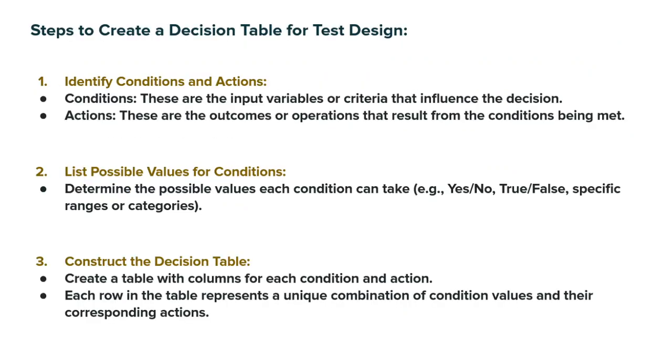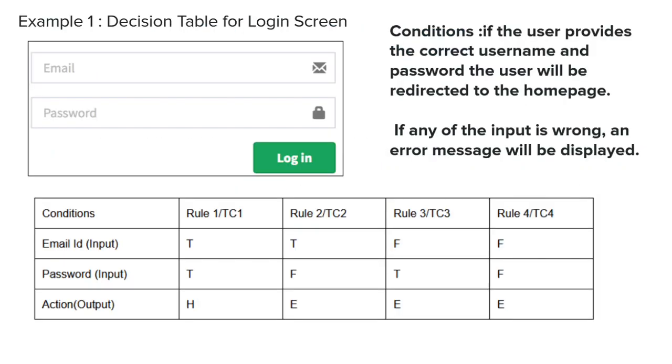So what are the steps we have to do to create a decision table? What are the steps to create the decision table for test design? So first step is we have to identify the conditions and actions. So in this case, we have to first identify the conditions and actions. So what are the conditions here? Correct email ID, incorrect email ID, correct password, incorrect password.